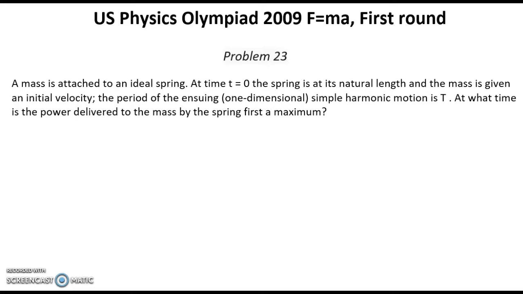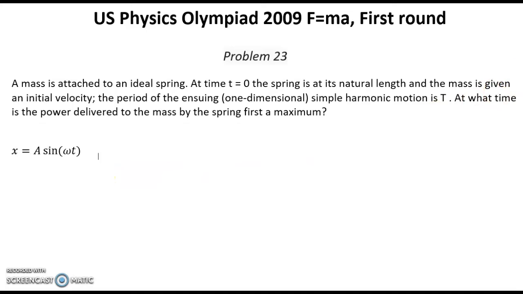Solution. To solve this problem, let's just write the equation for harmonic motion for this mass. Using initial conditions, we can write it like this. Displacement equals amplitude A multiplied by sine omega t.